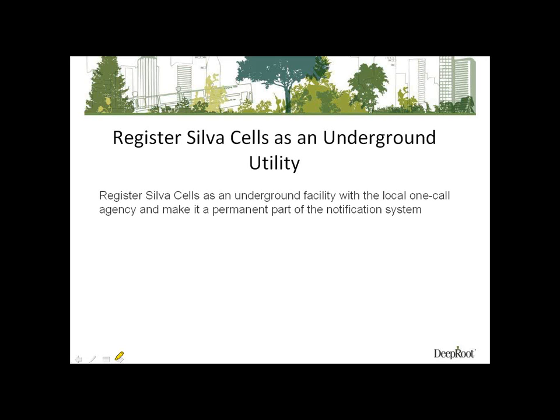There have been some cases where various Silva Cell owners have been able to get the Silva Cells registered with the utility notification service, and so when contractors call in, they're informed that there are Silva Cells in the area.